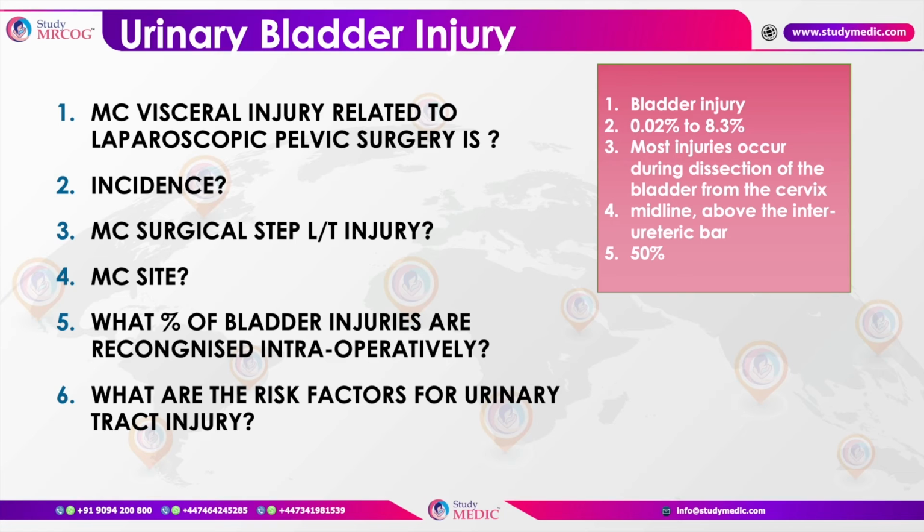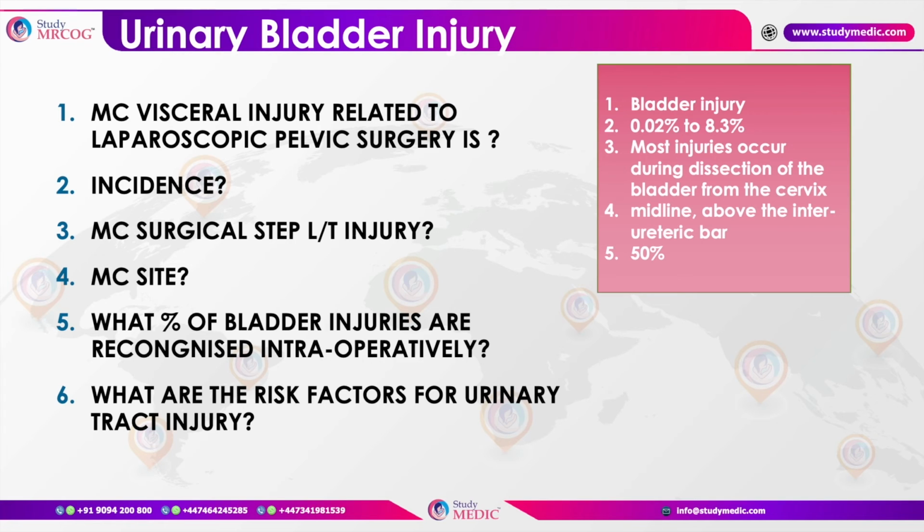The most common site for this is the midline, which is above the interureteric bar. Only 50% of these bladder injuries are recognized intra-op. That means the remaining 50% are missed during the intra-op period and recognized post-op.